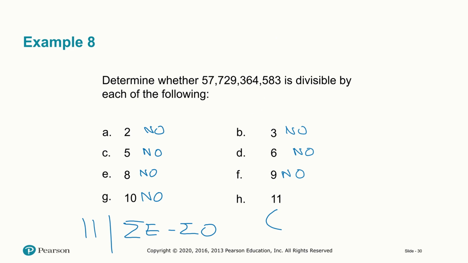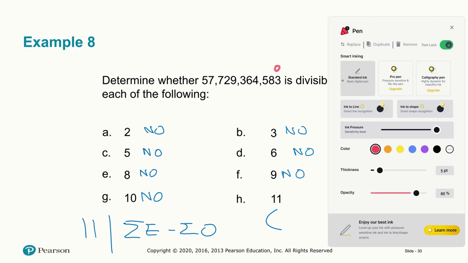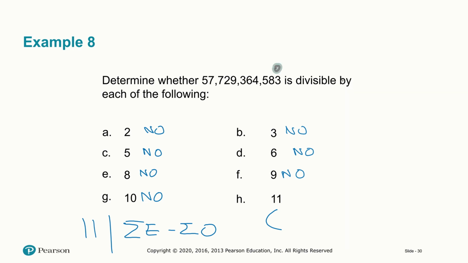So let me use red for the even ones. So I know 3 is 10 to the 0. 3 is the 10 to the 0 term, 5 is the 10 squared term, 6 is the 10 to the 4 term, 9 is the 10 to the 6 term.